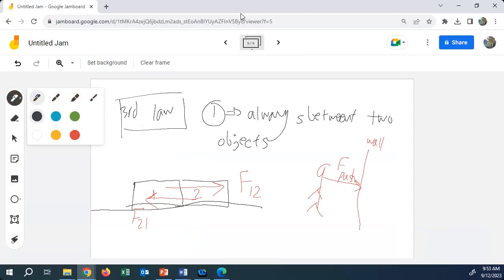Good? Perfect. I have two objects, which is important for Newton's third law. The person is exerting a pushing force on the wall. You remember Newton's third law? Object 1 exerts a force on object 2, pushing. Object 2, which is the wall, exerts the same force on the person. Yep.